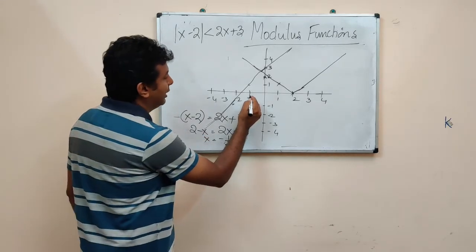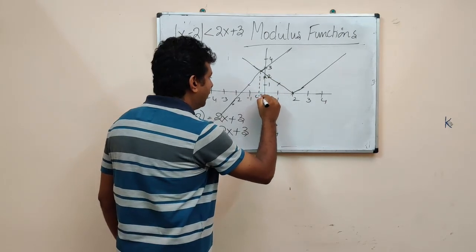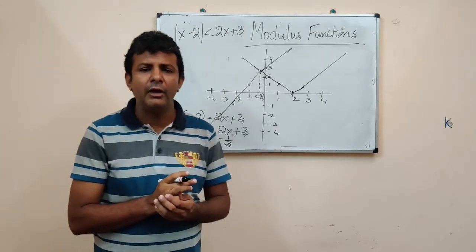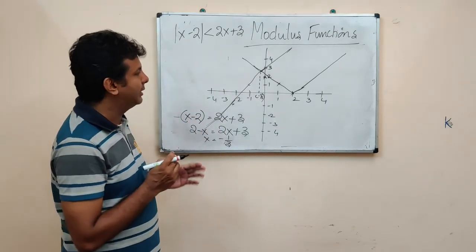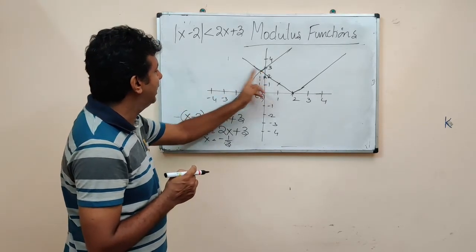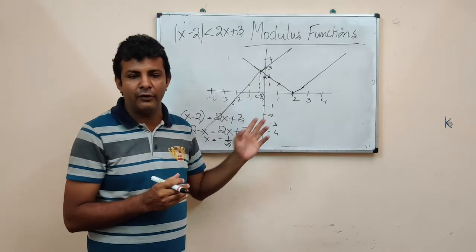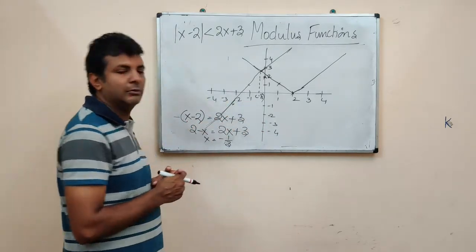That means, basically, this particular point is at minus 1 by 3. Now, the question is, where is it greater? To the left of this point or to the right of this point? Now let us substitute minus 1 and see.